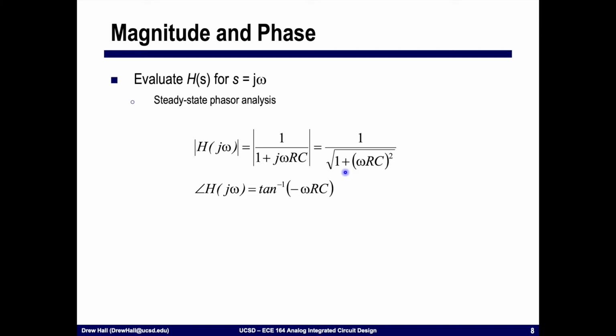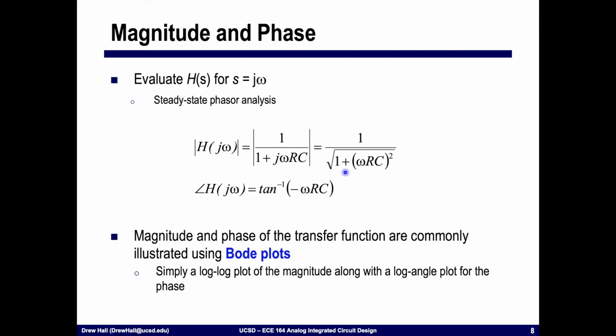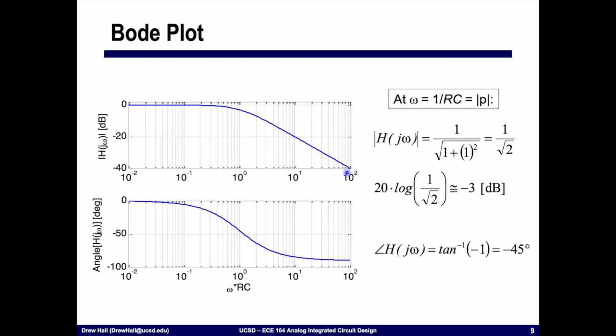And the phase is the arctangent of minus omega times R times C. We would often display this using a Bode plot, and on a log-log plot, this would simply be straight lines, where I have, as I said earlier, 20 dB per decade roll-off in the magnitude response. And so the Bode plot of this would look flat, and then it would start to roll off.